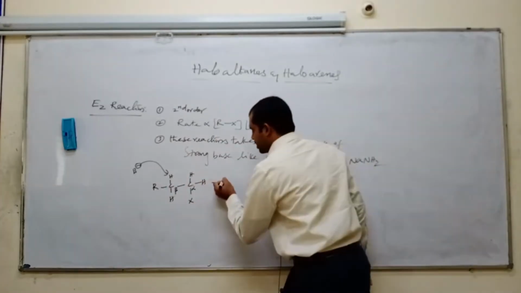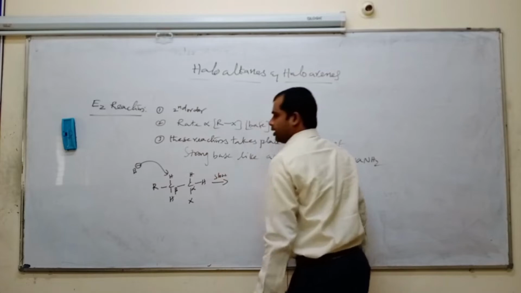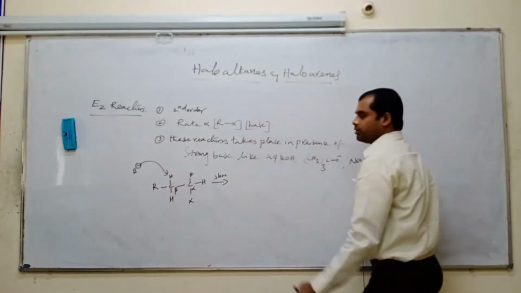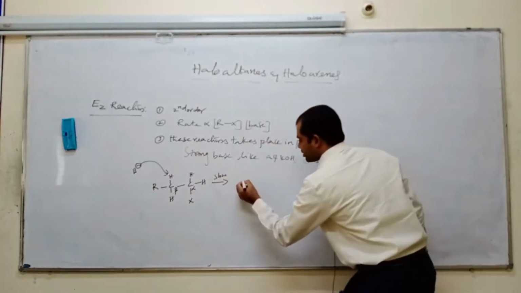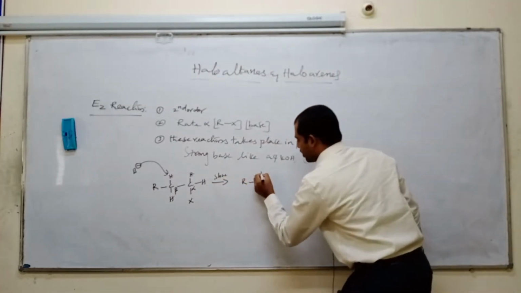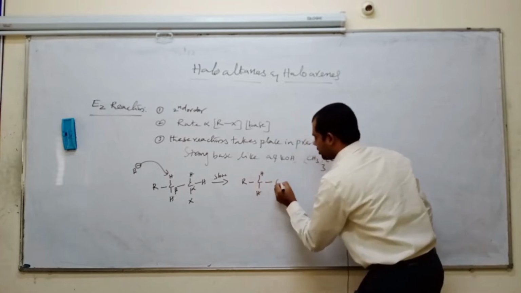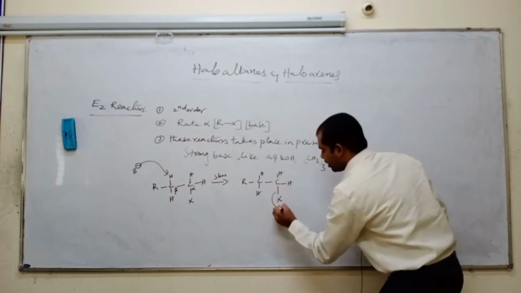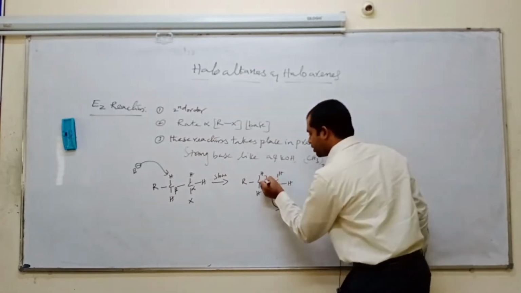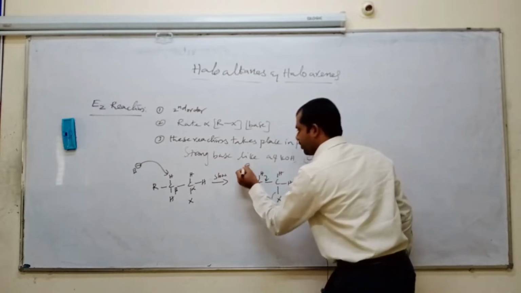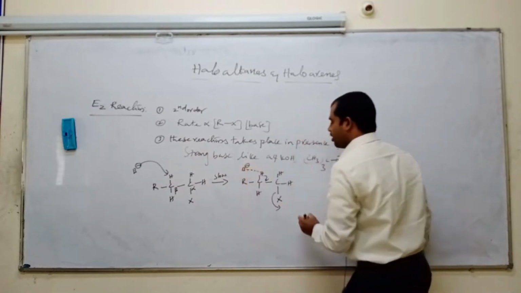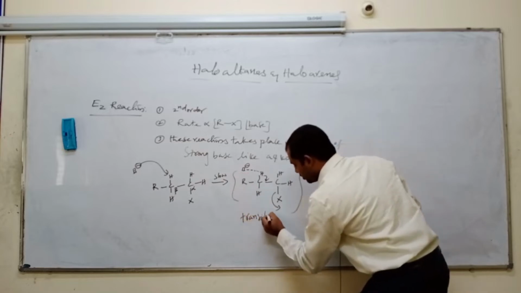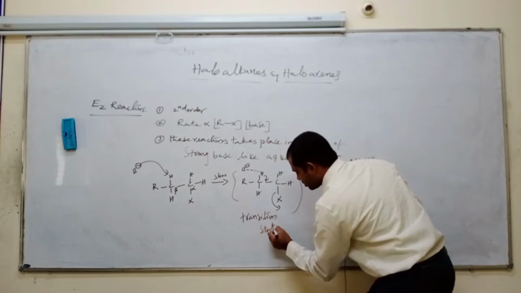This reaction takes place in a first, slow step. They form the transition state. The base is attacking the proton. They form the transition state like this. The carbon has hydrogen, here also hydrogen, and here the halogen. The halogen departs, so the proton is attacked. The base attacks the proton and they form a bond. This is nothing but the transition state. This transition state is an unstable state.